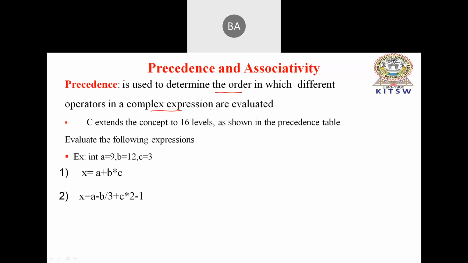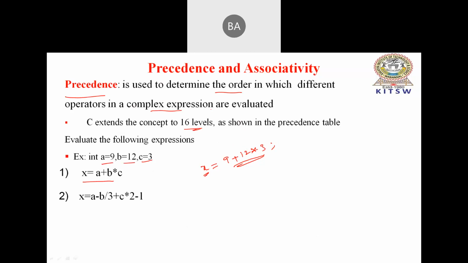C extends the concept to 16 levels. For example, consider int a equal to 9, b equal to 12 and c equal to 3. If you evaluate this expression, what could be the value of x? The value of a is 9 plus b value is 12 star 3. How will it be evaluated? We are going to consider the precedence of the operators. In this expression, plus and star are both arithmetic operators.